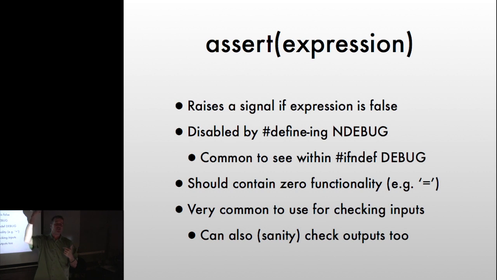It's also really common to sanity check outputs too. So you've got a function, you've got some inputs, you run some code, and then at the very end you can double check to make sure that the values that you're returning are sane values. Yes, you wrote the code. Yes, you write perfect code the first time.